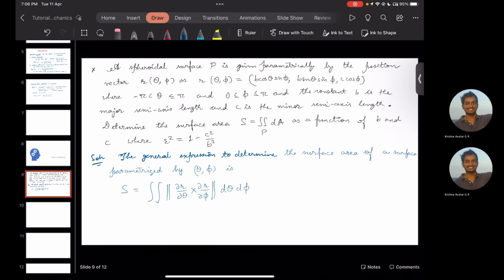Remember that r here are vectors, and even in our parametrization this is actually our position vector. The limits of theta are from minus pi to pi, and for phi it is 0 to pi. Our task is essentially to determine the components required to solve this expression.